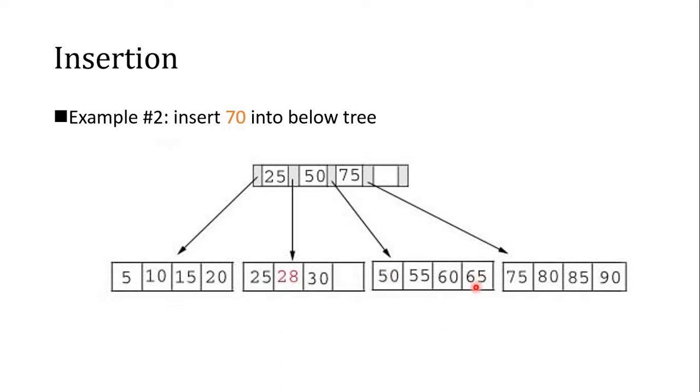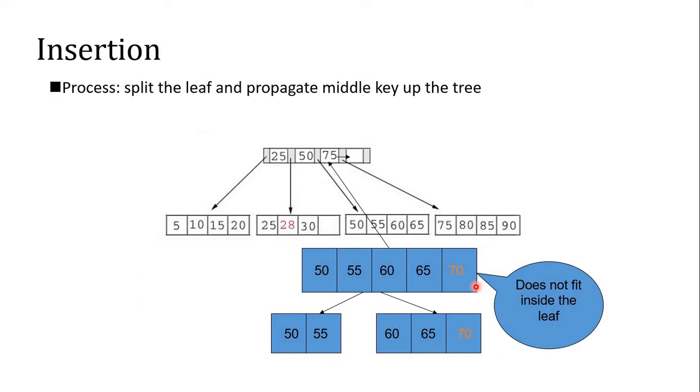Then what do we need to do? We have to do something so that it can fit. If we put 70 here, there will be 5 keys, but the maximum number of keys here is 4, so it will not fit. So we split the node into 2 parts.